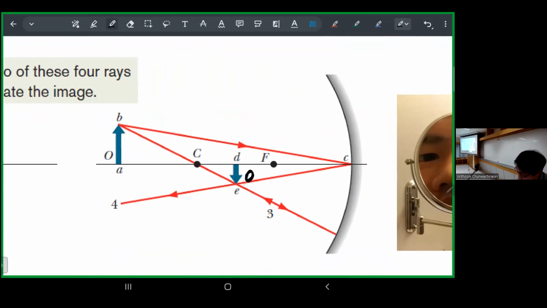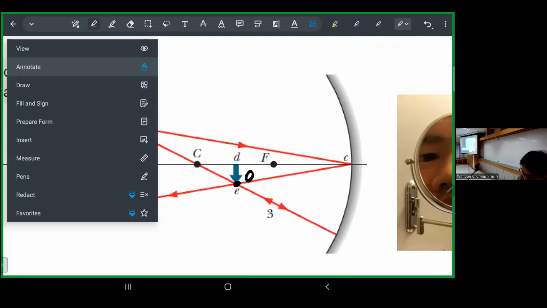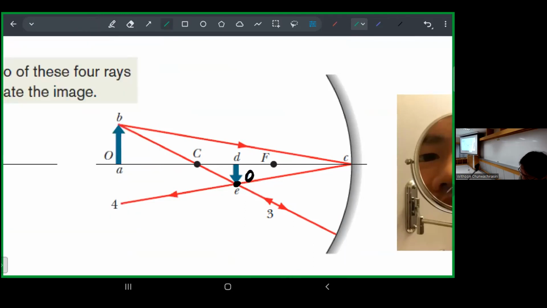So this is your face. Let's say there is a point on your face that you want to look at. Think of it that way. All you need to do is trace the rays coming out from this point. One thing that you already knew, Ajahn, I saw what you did before: if you have a light going horizontally that hits the mirror, it's going to bounce and go through the focal point.